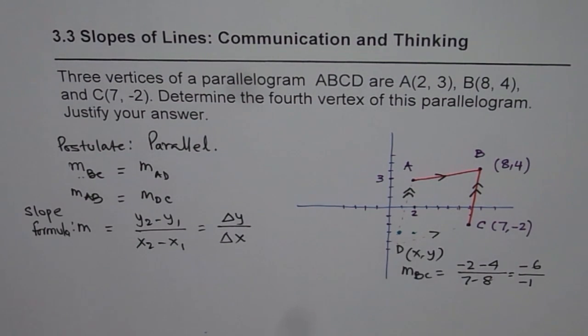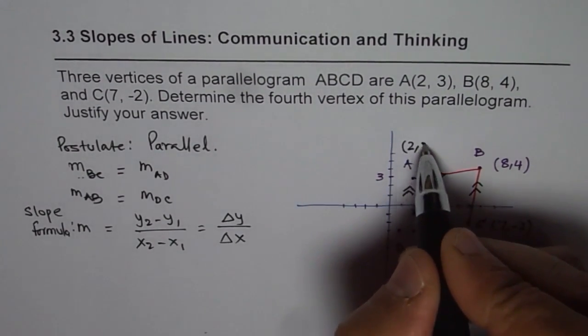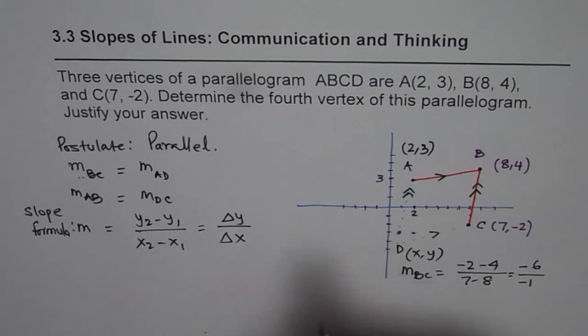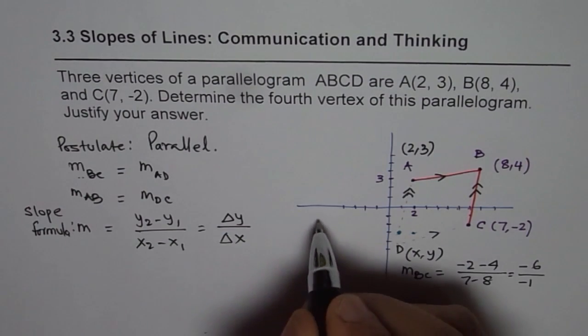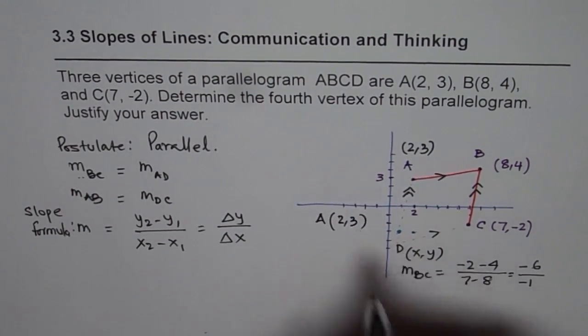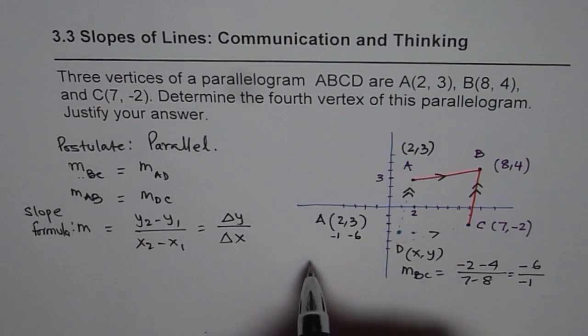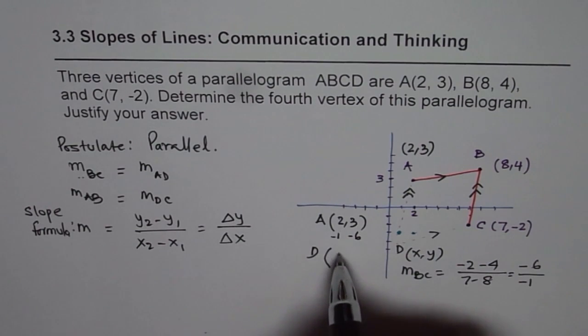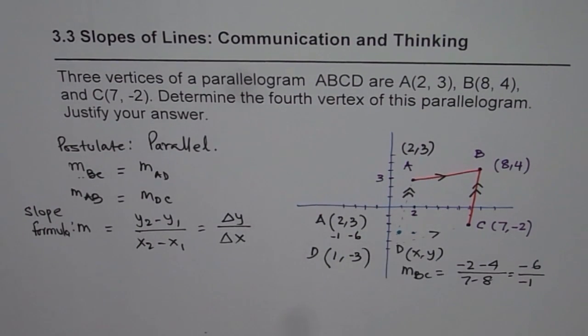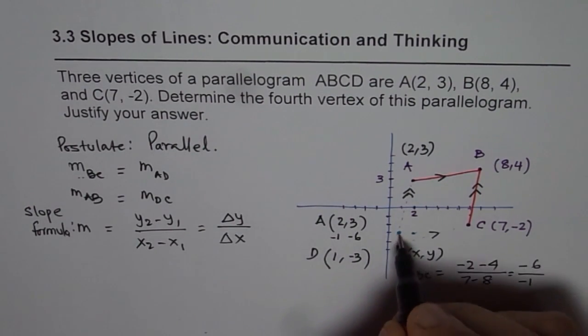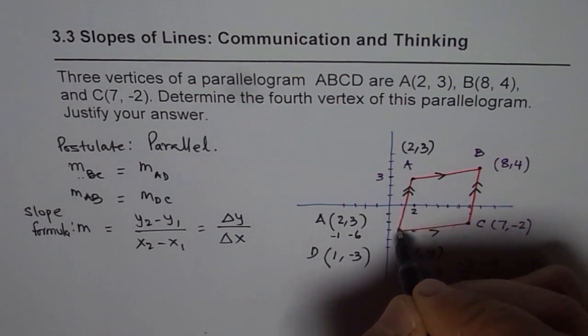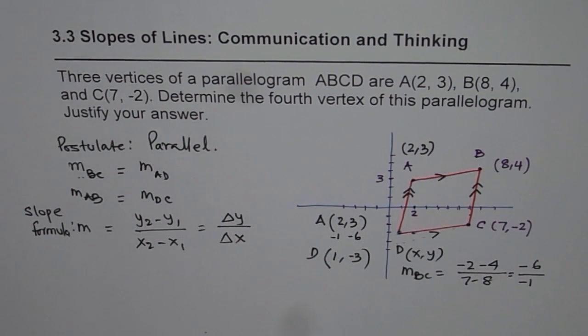From the coordinates of A, which are (2, 3), for the y value we did minus 6, and for x we did minus 1. We came to D, which is (1, -3). Now we can join this and get a parallelogram. You see that? So we find our parallelogram by change in y over change in x. Very easy way of doing it, right?